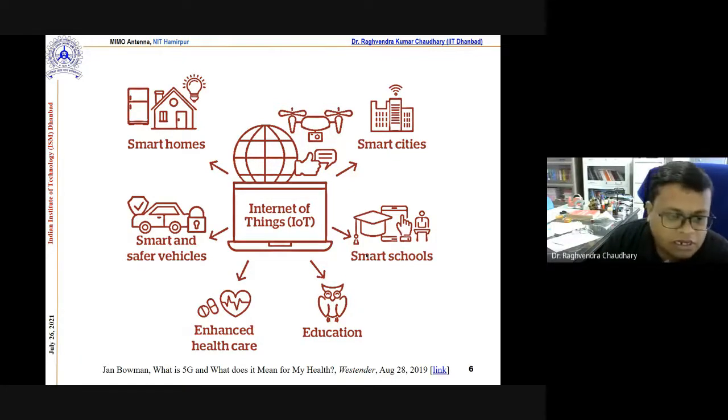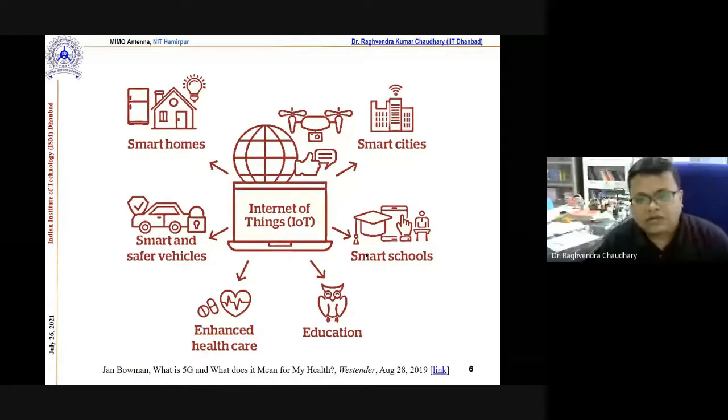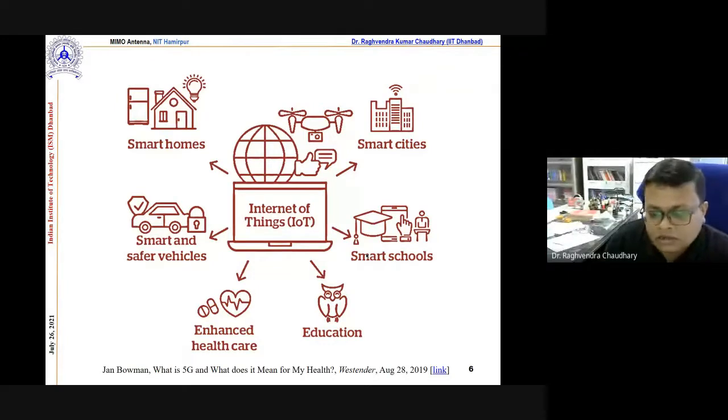Even in the iPhone 12, they have given provision for the millimeter wave band also, as far as I remember. So keeping the future in mind, they have introduced these things. So definitely within months we may be using 5G communication as well, and we may have better internet and connectivity.